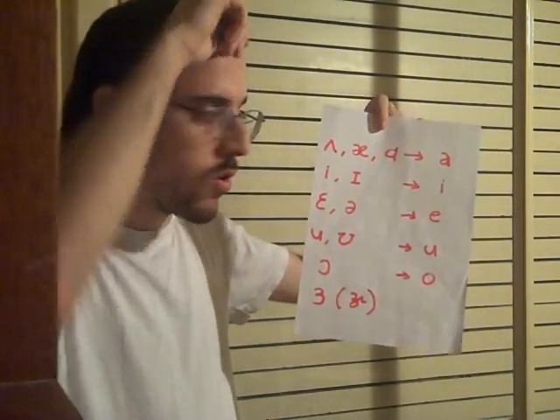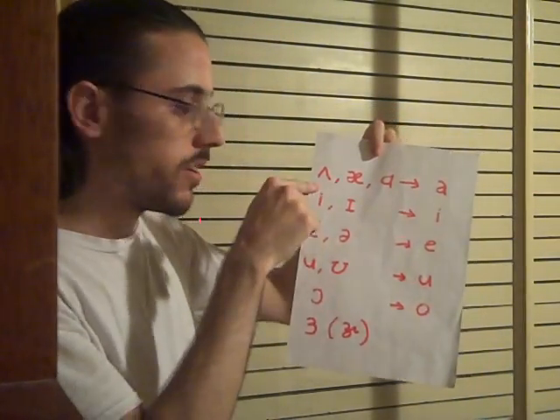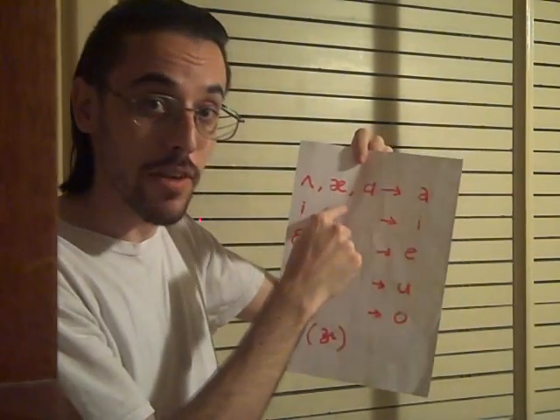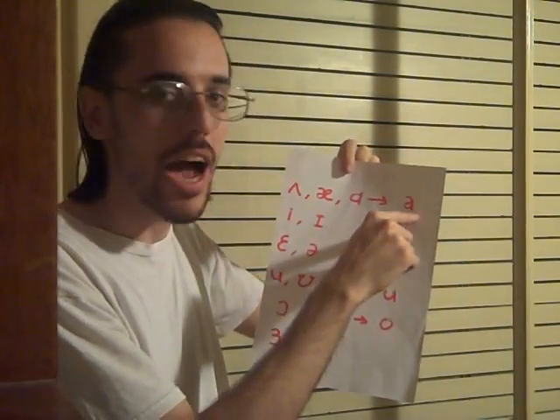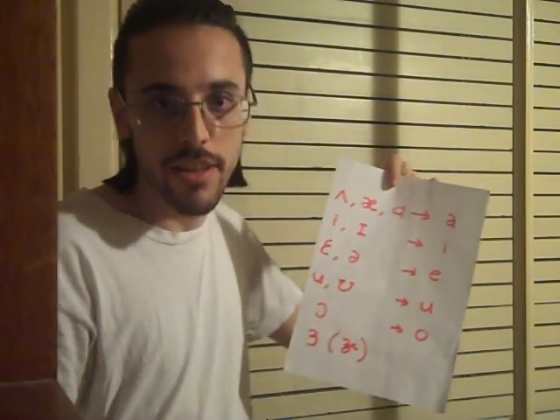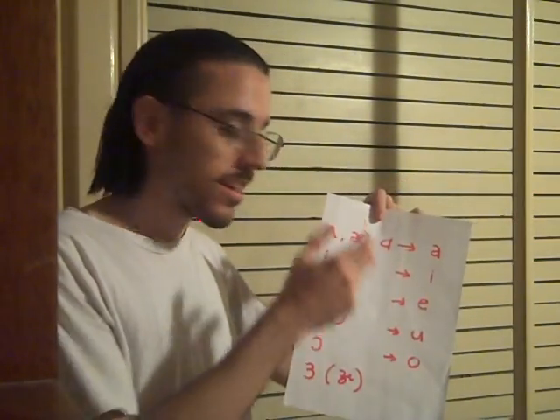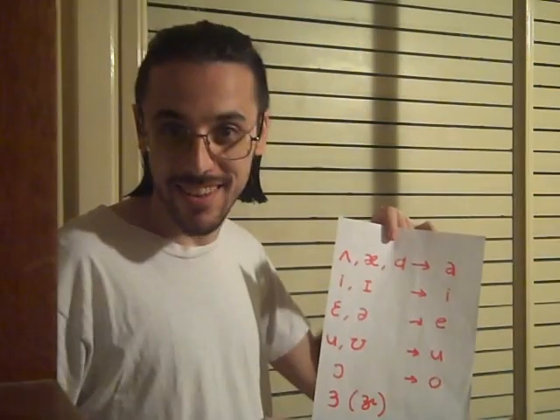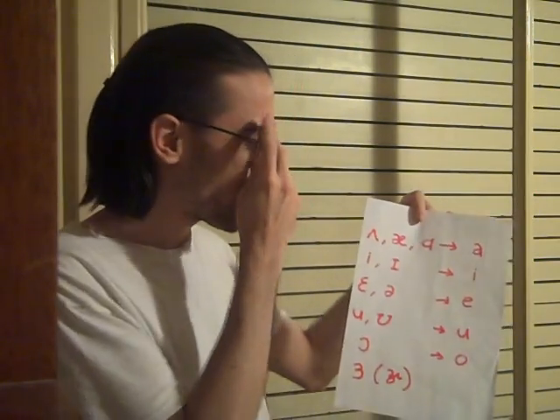So, American English to Spanish. Spanish speakers will map the duck vowel, the cat vowel, and the father vowel to a, resulting in duck, cat, father. Right?